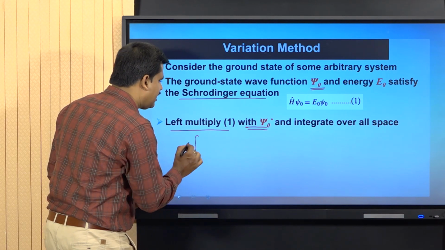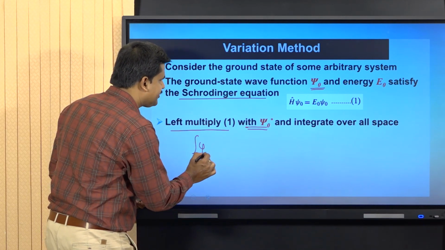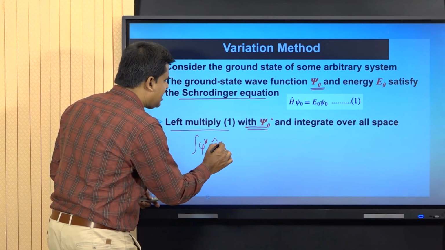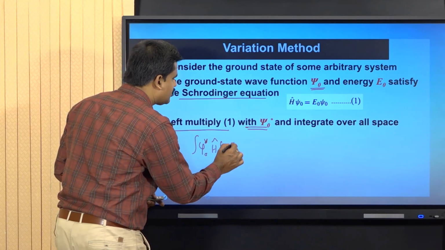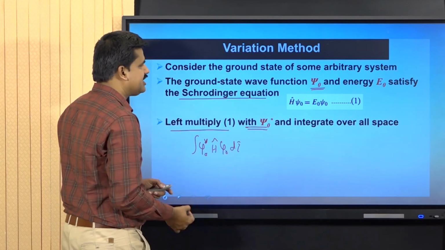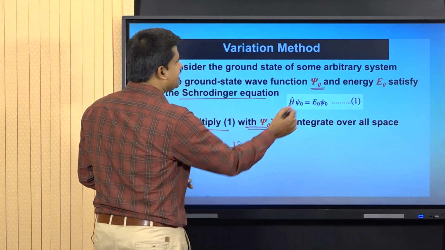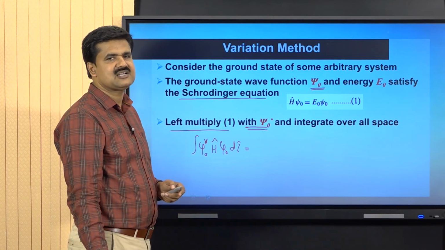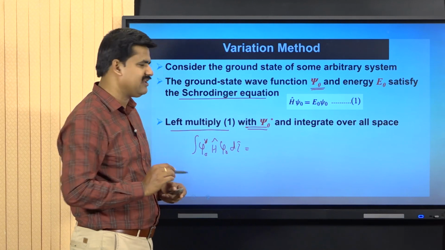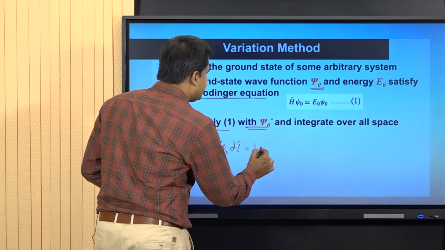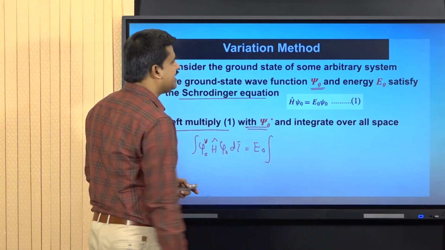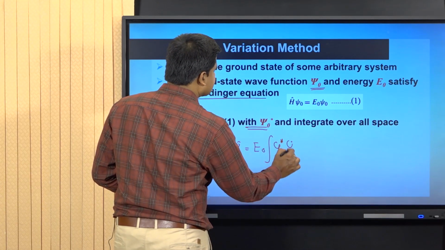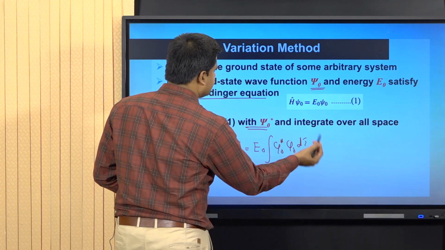So, integral psi0 star H hat psi0 d tau is equal to E0, which can be taken outside since it is a constant associated with a particular level, into integral psi0 star psi0 d tau.